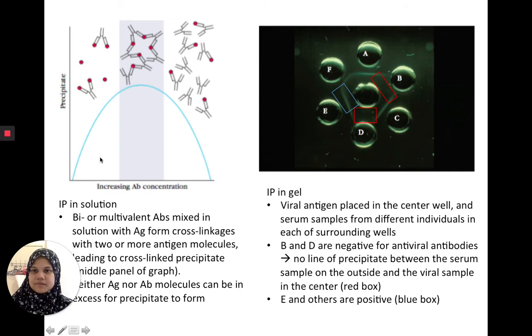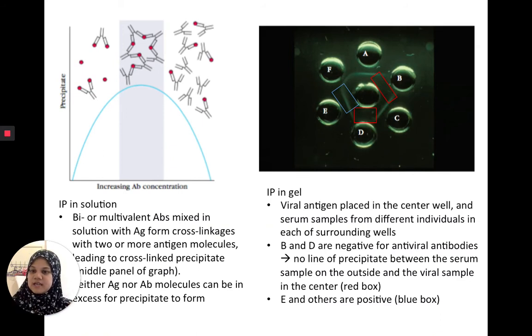So this is what happens for immunoprecipitation in solution. In the lab, if we had been able to do the practical, you would have immunized the animals, and then you would have harvested the blood, or at least the lab technicians would have, and then when we go into the lab, you will be mixing the antigen used to immunize the rabbits or the chickens, and then titrating it over a series of dilutions, and then you'll see the appearance of a precipitation line if there was actually antibody-antigen complexing.